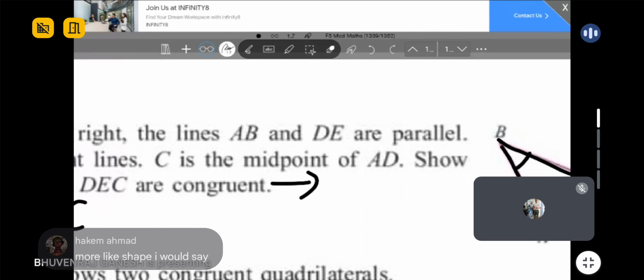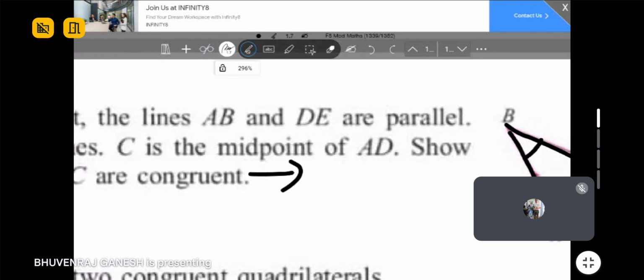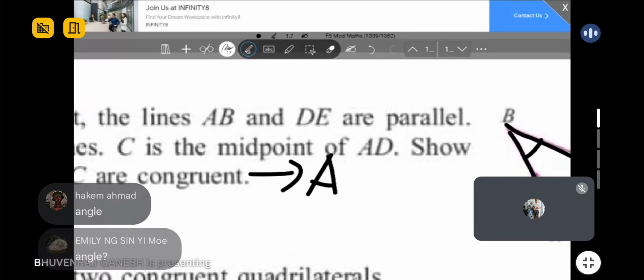Okay, so what influences the shape? Can anyone tell me? What will determine the shape? Okay, length, yes. Other than that? Start with letter A. No, not angle.